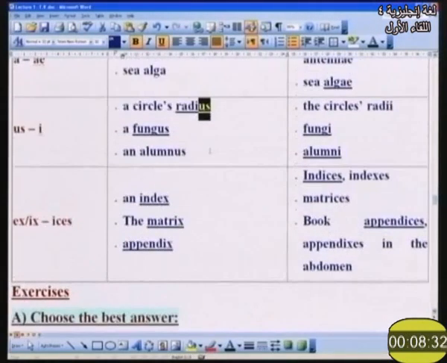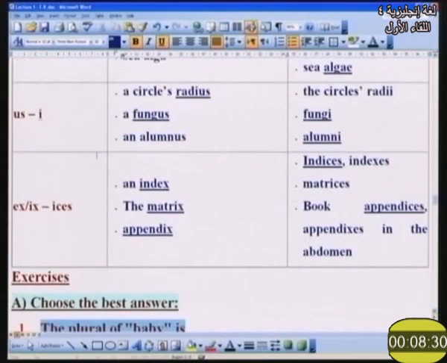The last rule is if the word ends with ex or ix, like index or matrix, you drop this ending and add ices. Index, the plural is indices.